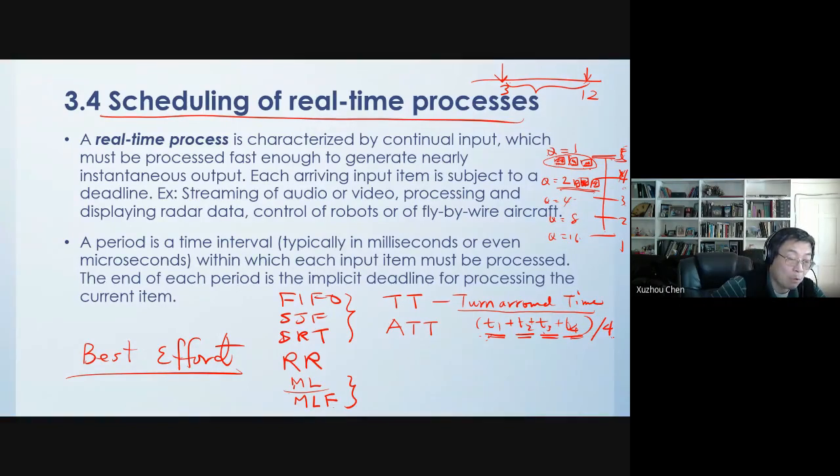Once the process has run for one time quantum, if it's not finished, then the remaining CPU time is allocated to the next level queue. And once its turn arrives, it's going to execute in the next level. And if it's still not finished, it is put in the next level, and the next level.